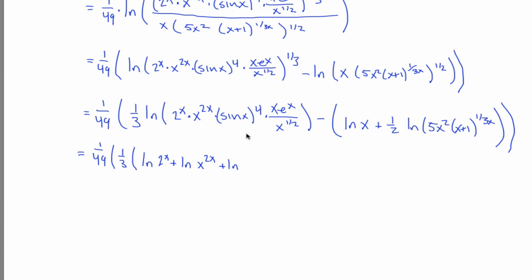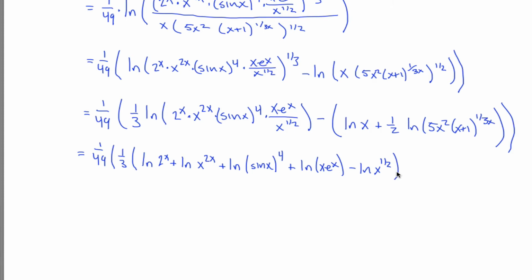How about I could bring that 4 down in front and say plus 4 times, I'll do that in the next step, plus the natural log of sine of x raised up to the 4th power, and then plus this quotient. So the natural log of x e to the x minus the natural log of x to the 1/2 power.